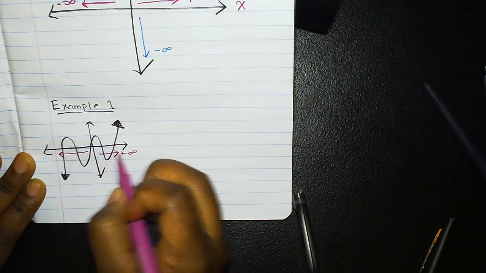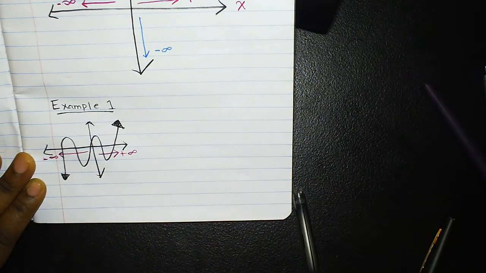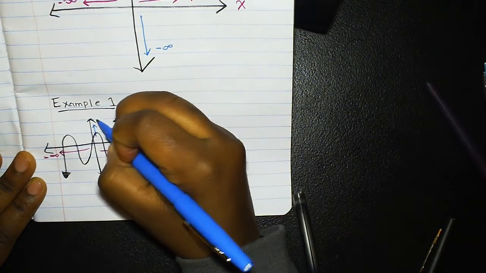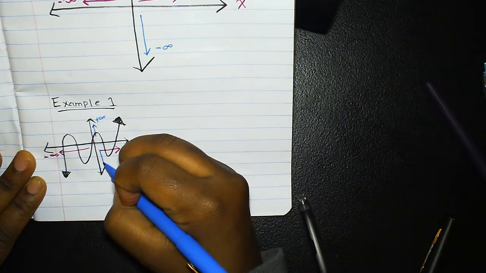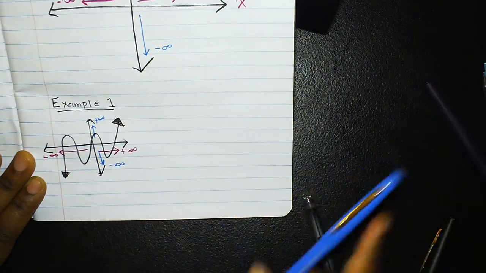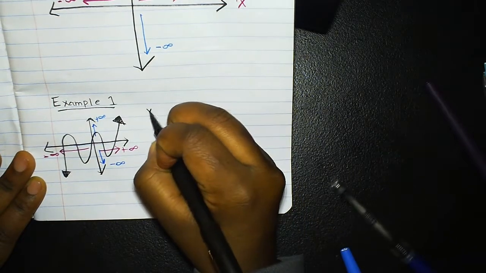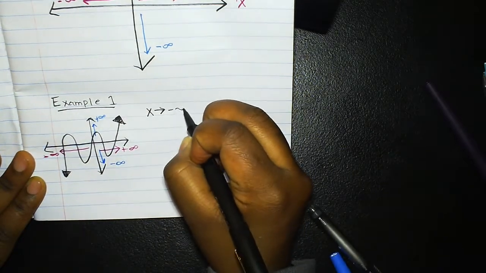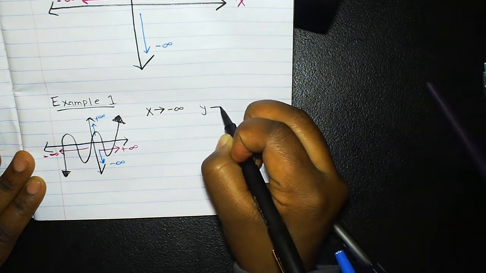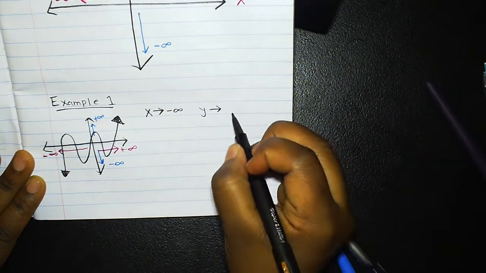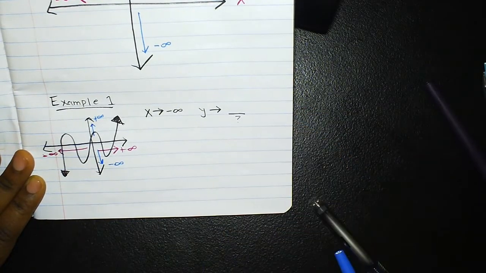This is negative infinity. And if I'm going up, this would be positive infinity on my y-axis, and this would be negative infinity. So a question would be, as x goes to negative infinity, what is happening to y? We want to know what this is.